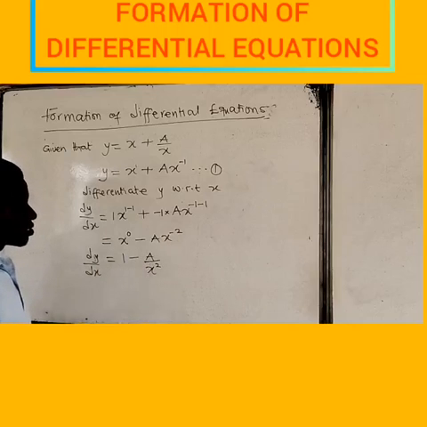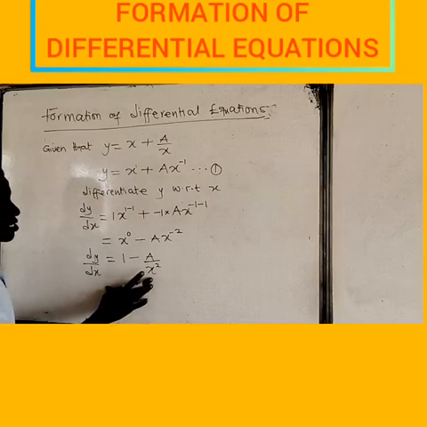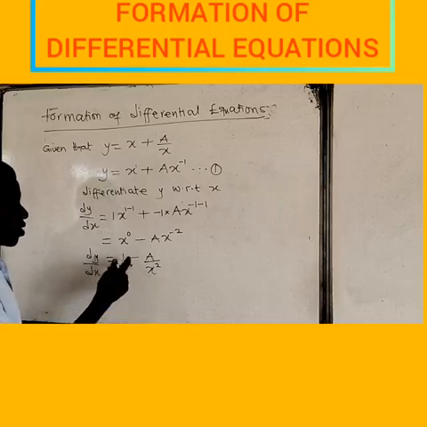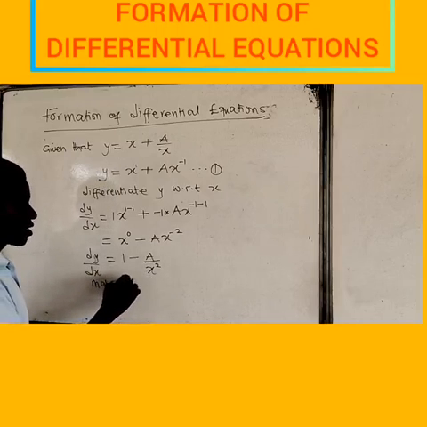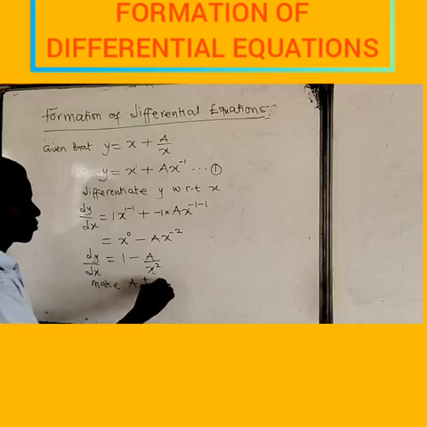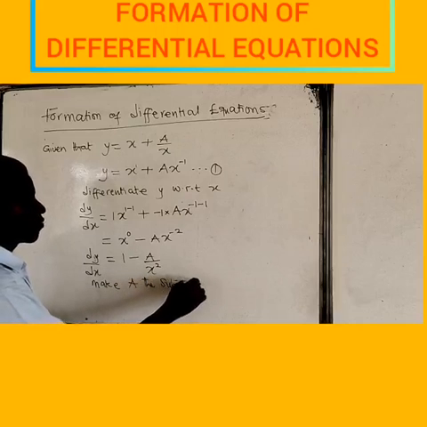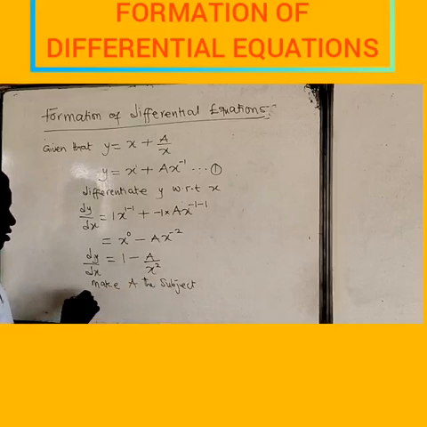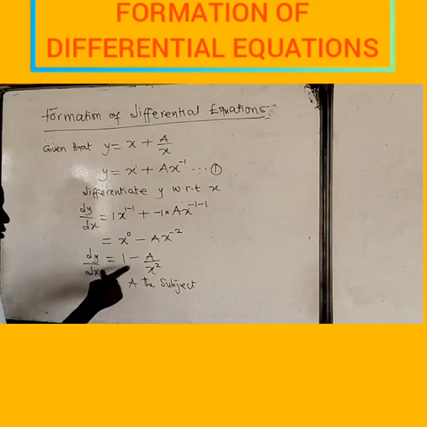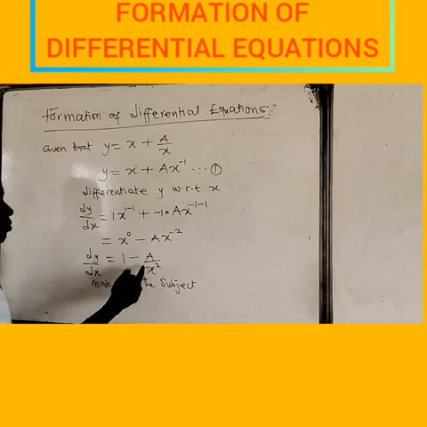So you have to find a way of eliminating the arbitrary constant. What we do here is, you can make a the subject from this equation. If you make a the subject from this equation, what we do is we send this to the left hand side because it is negative.